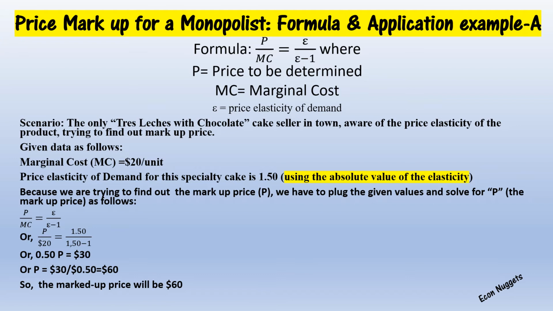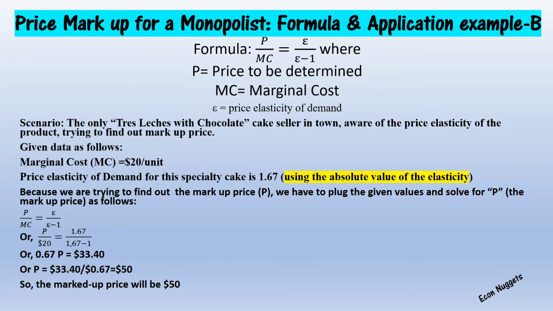Now, example B, another example, everything else the same. The only difference is that the price elasticity of demand for this specialty cake is now found to be 1.67. Recall that earlier we found it to be 1.50.